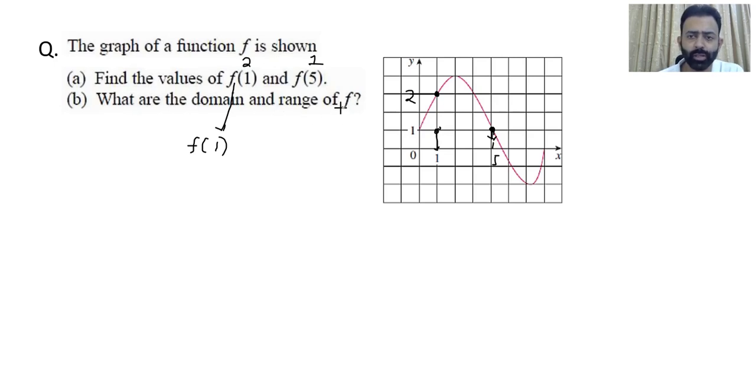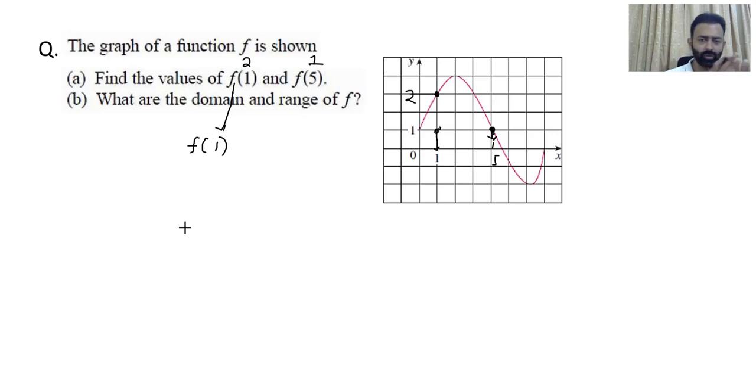Domain means all the allowed values of x. As you can see, the graph is defined between x equal to 0 and x equal to this point. Whenever we are looking for the domain, we always move horizontally, because x values lie along the x-axis.